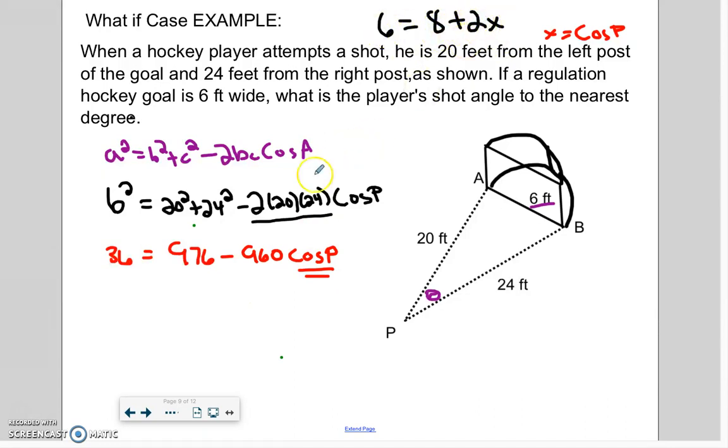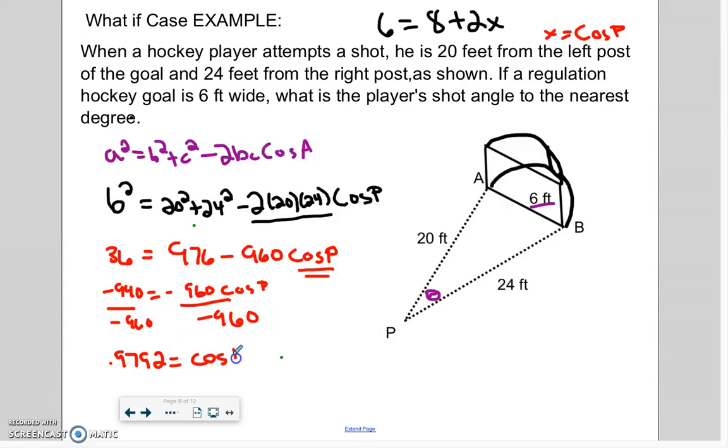So you subtract 976 to get negative 940 is equal to negative 960 cosine of P. Divide by negative 960, and you get a decimal of 0.9792 is equal to cosine of P.